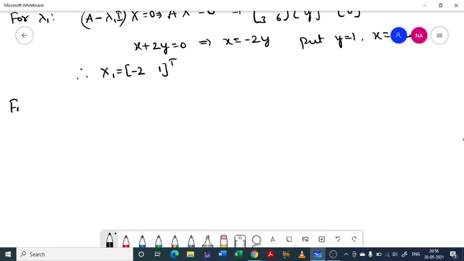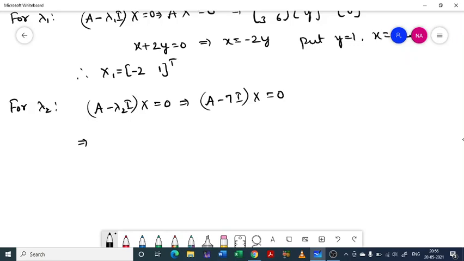Next for lambda 2. A minus lambda 2 I into x equal to 0 implies A minus 7I into x equal to 0. That implies you have to subtract 7.